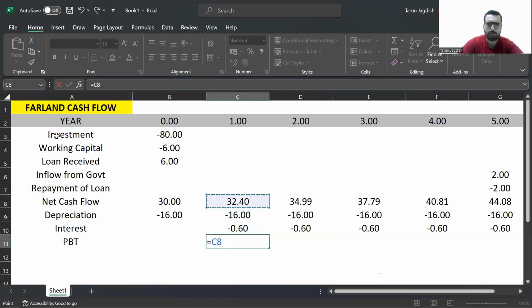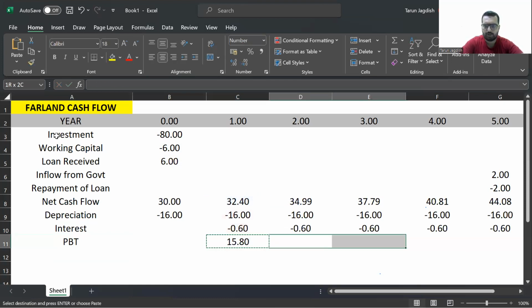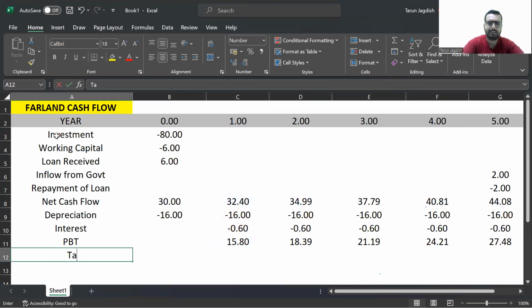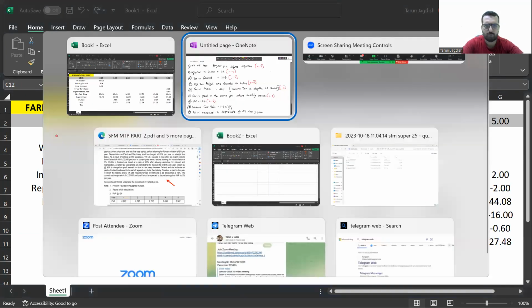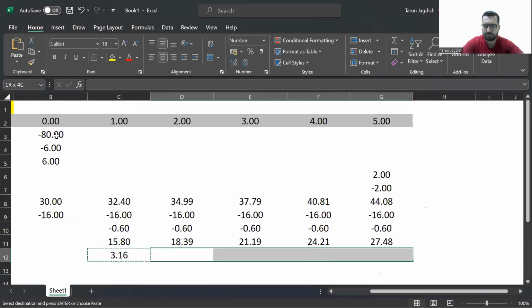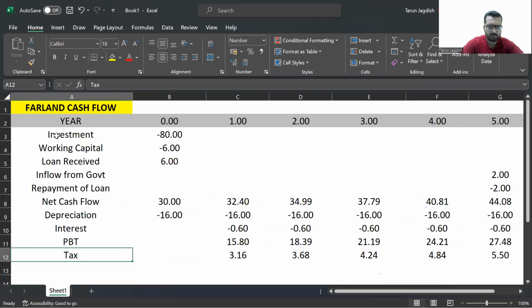What will be the formula for PBT? I should just put the sum because it's already in negative. 15.8. All right. So once I get this, from this, I'll reduce the tax. What is the tax rate in farland that they have told? Farland tax is 20%. So on this, into 0.20. After this, I'll get profit after tax.